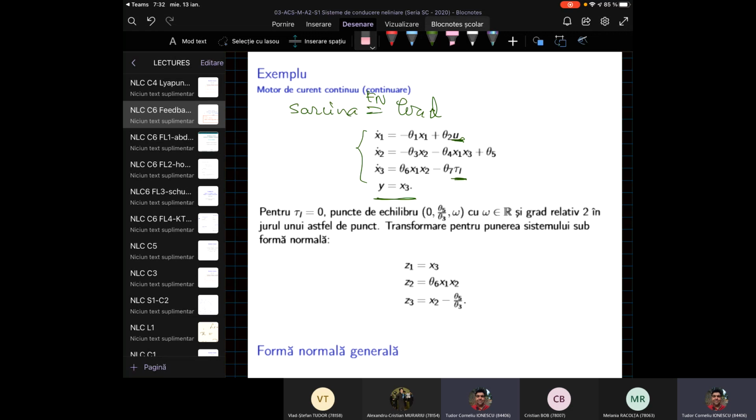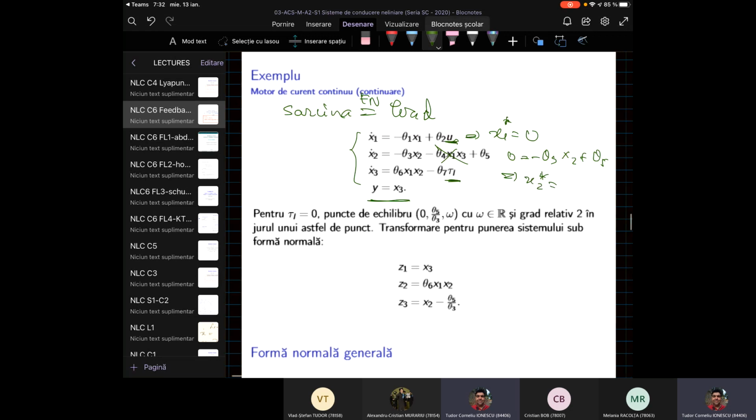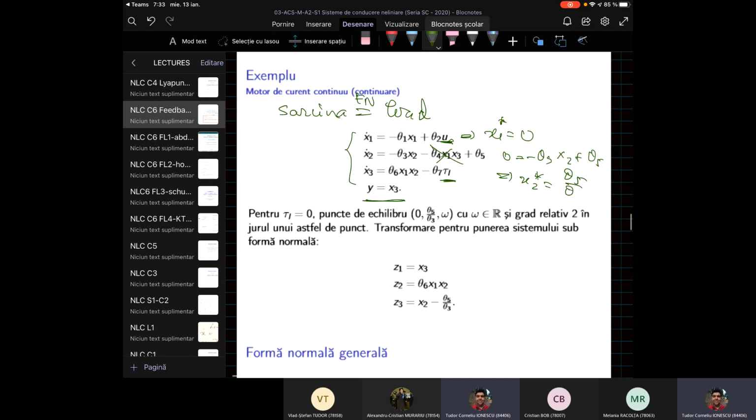So from this equation, it's clear. x1 star equals 0. So this goes away. And then you have 0 equals minus theta 3 x2 plus theta 5. That means x2 star is theta 5 divided by theta 3. It's correct.